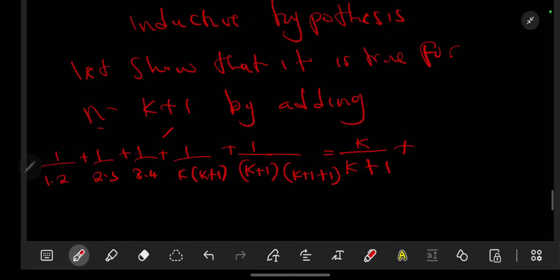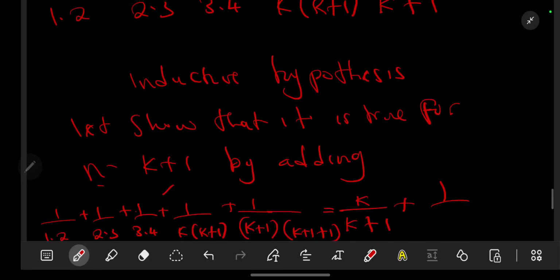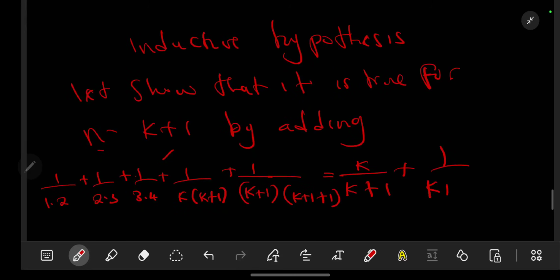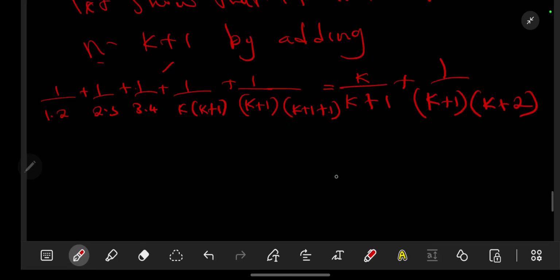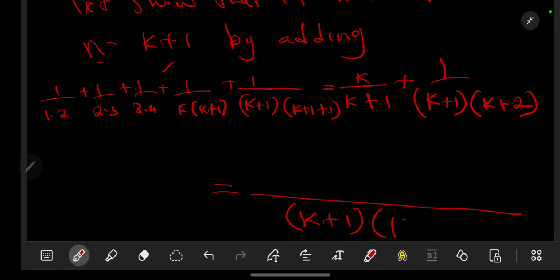We are adding this, which is 1 over k plus 1, then we have k, 1 plus 1 is 2, so we have k plus 2 like that. So after you do this, find the common denominator. k plus 1 is common. What else is common? Let's take k plus 1 and k plus 2 as our common denominator.